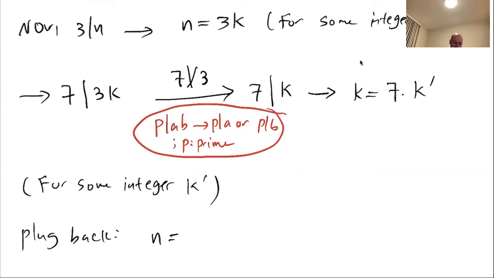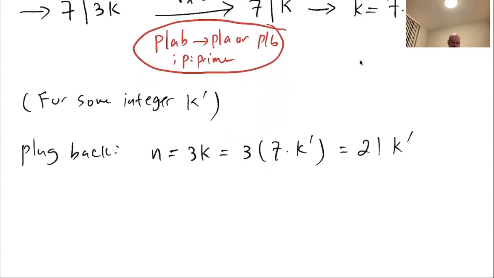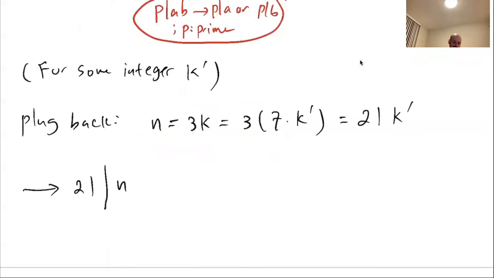What was n? n was equal to 3k, and k was 7k prime. So 3 times 7 times k prime, and the answer is 21k prime. So n equals 21k prime, and that means 21 divides n, right? Because 21 is a factor of n, and that means n belongs to 2 star.